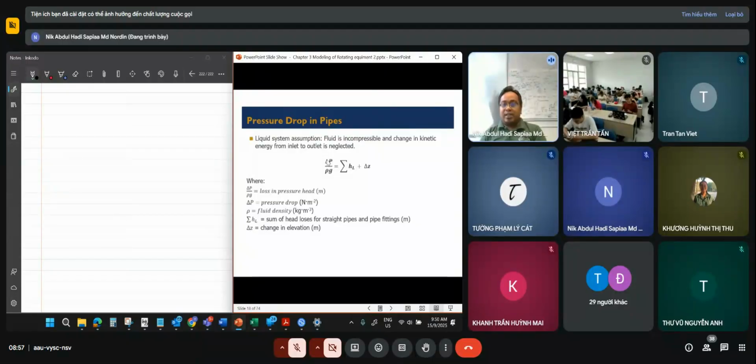So for this, the delta P over rho g is equal to the summation of head loss plus delta Z.